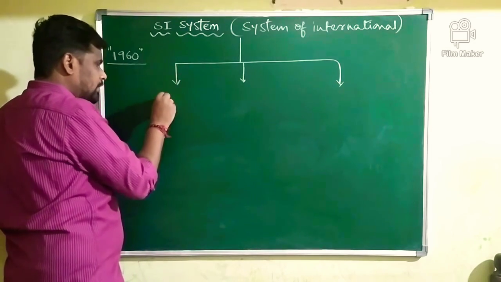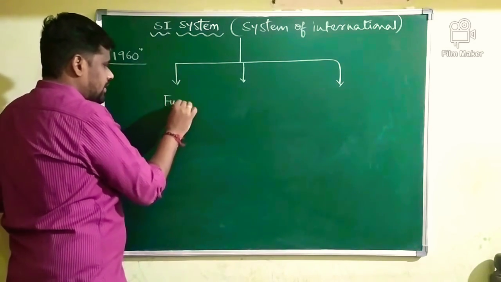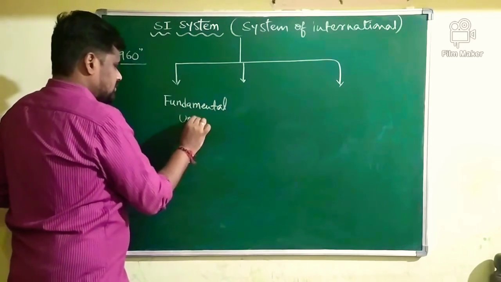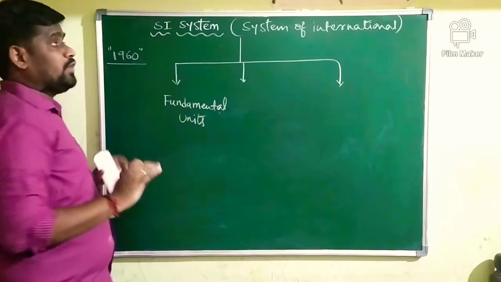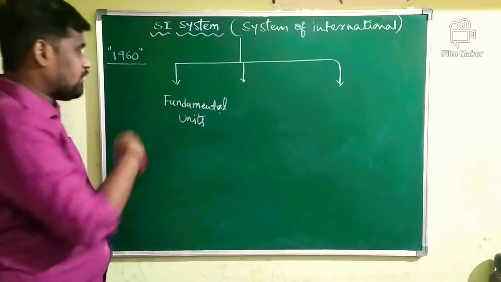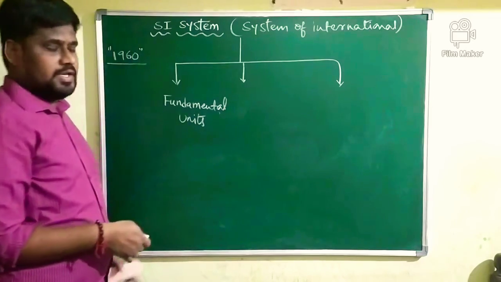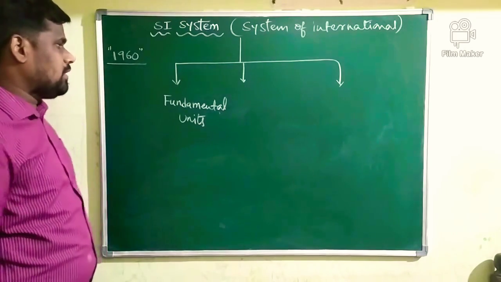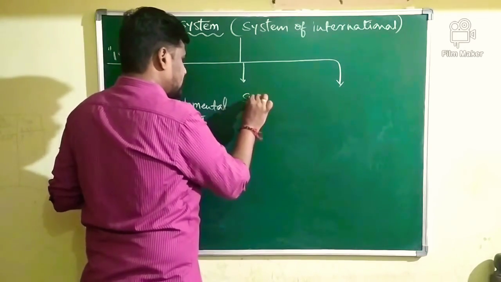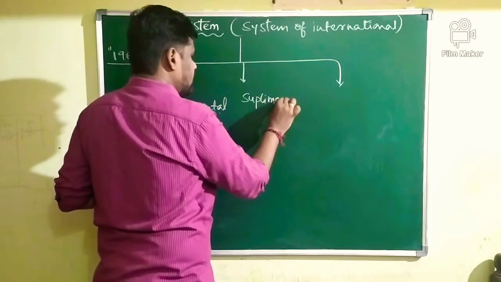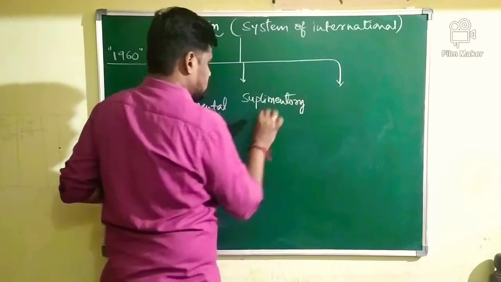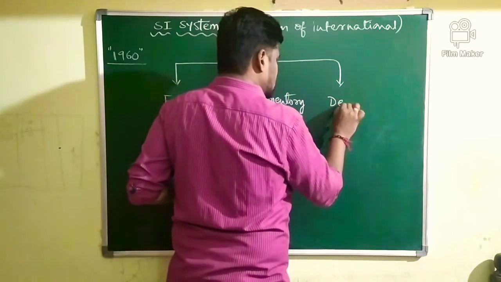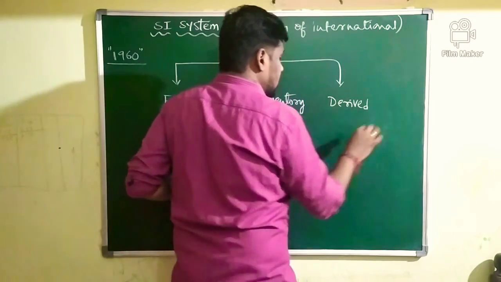The first category is fundamental units. The second classification is supplementary units. And the third classification is, of course, derived units.